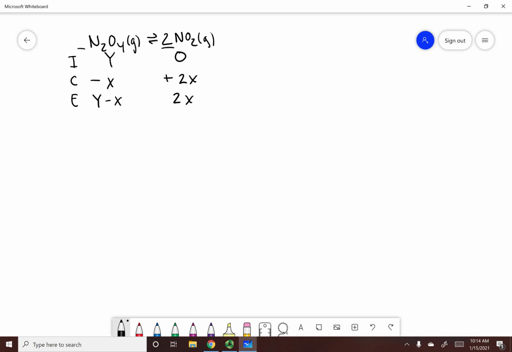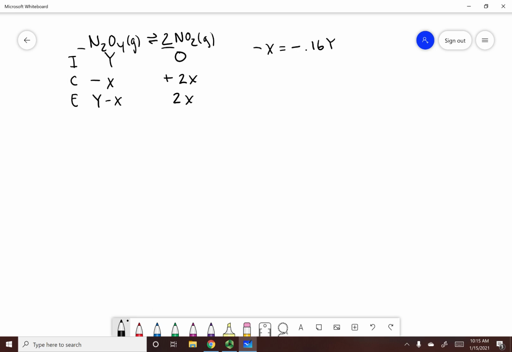Now we're given a little bit more data here. What we were told is that N2O4 decomposes by 16%. What that means is that the change in N2O4, or negative X, well, I'm going to lose 16%, so 0.16 of my original amount, so Y. Now, I want you guys to know that this says it by moles, and Y represents a pressure.